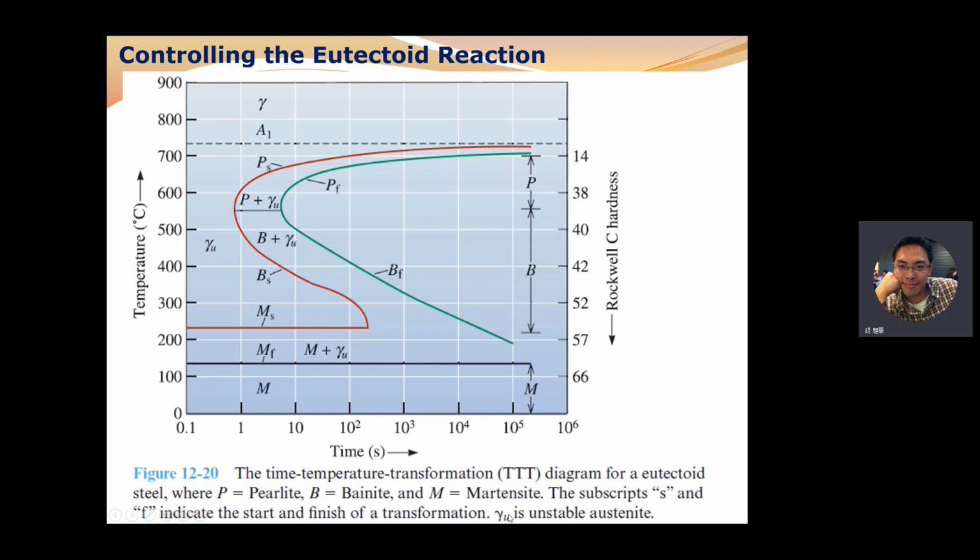For example, I want to get a higher hardness, so the Rockwell hardness is about 66. So what parameter should you control?